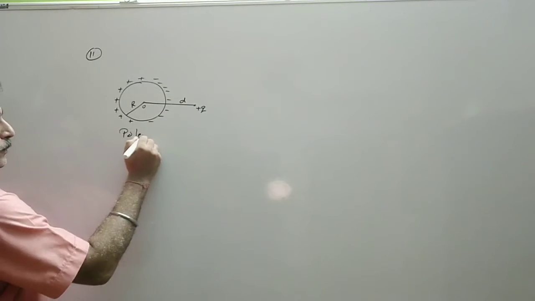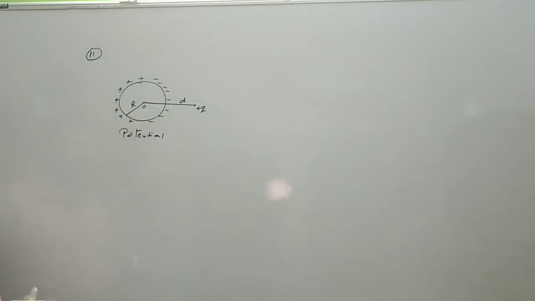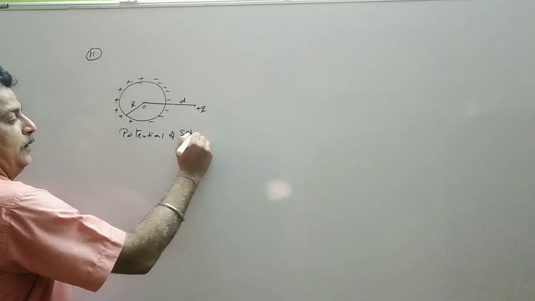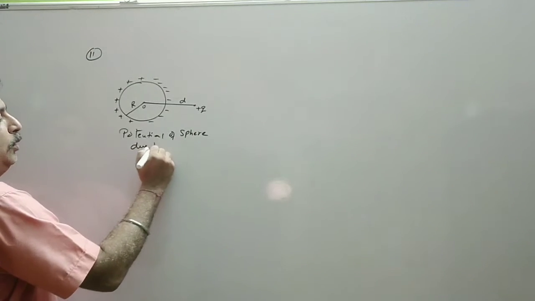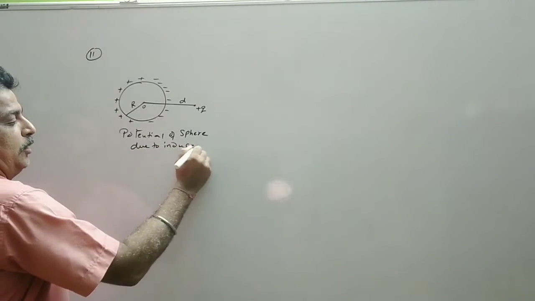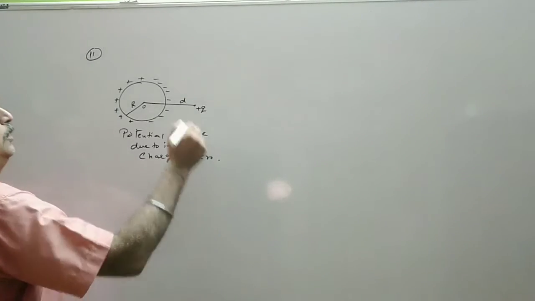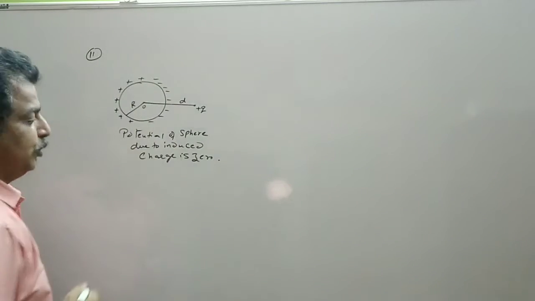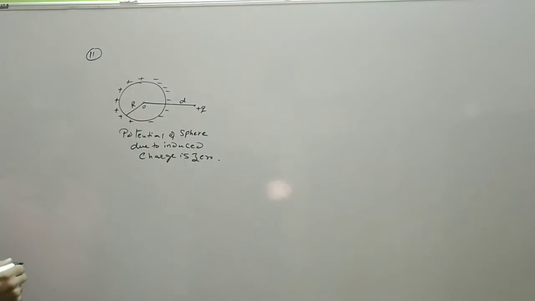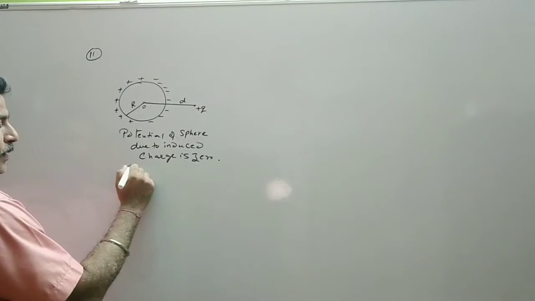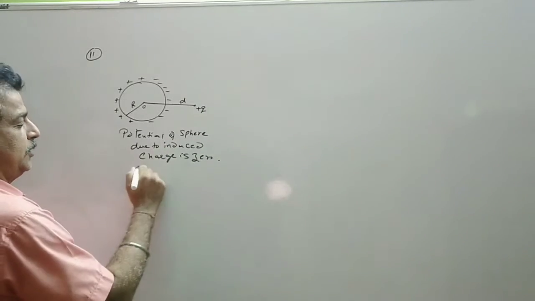So the potential of the sphere due to induced charge is 0, because there are equal numbers of positive and negative charges. So the only source left is this plus Q.